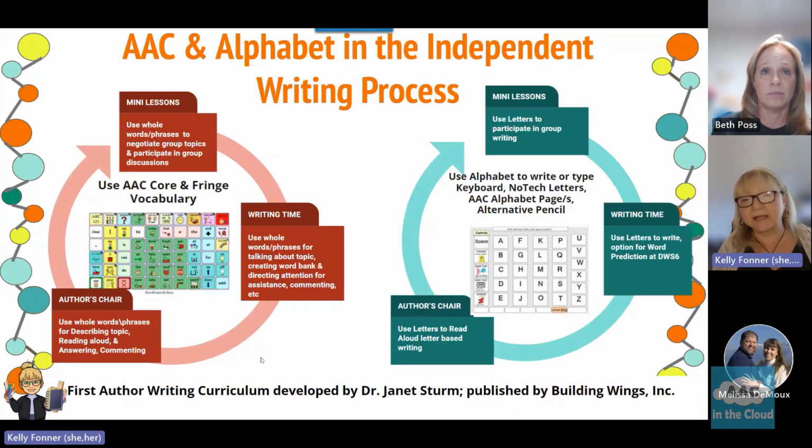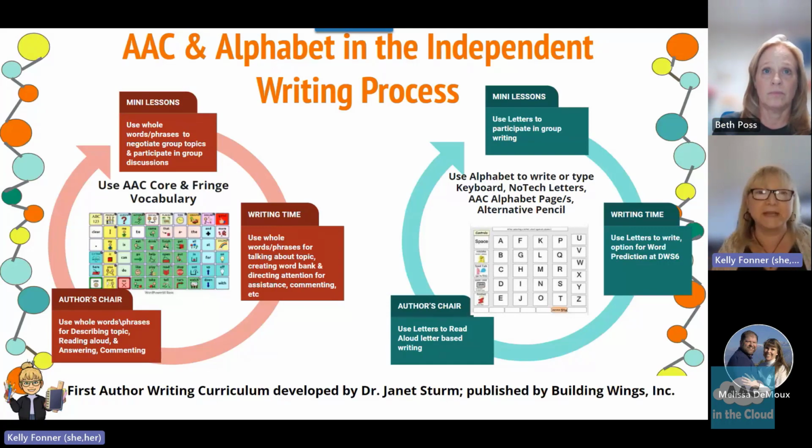There is a process in integrating writing for emergent writers and into conventional writers called First Author. It's a curriculum developed by Dr. Janet Sturm, and as Beth had mentioned, Building Wings before, they have that as one of their products.